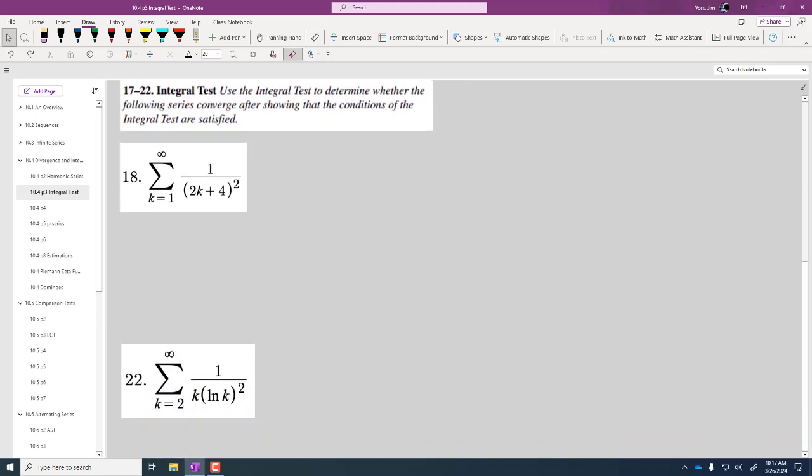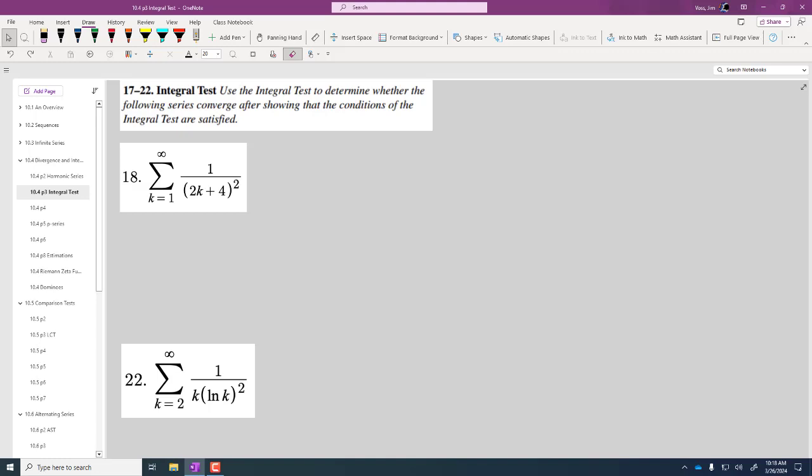When do you use the integral test? Well, if the divergence test is inconclusive, you don't have a geometric series, and you don't have a telescoping series. Like if you see a series and it's geometric, then you're going to go the geometric route. If you see a series and it's telescoping, you're going to go the telescoping. If you try the divergence test and it's inconclusive, then you have to pick another test.